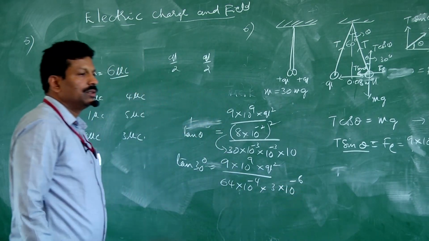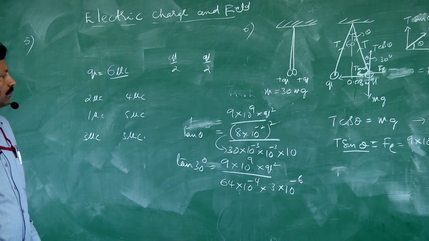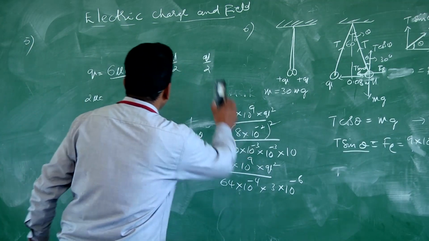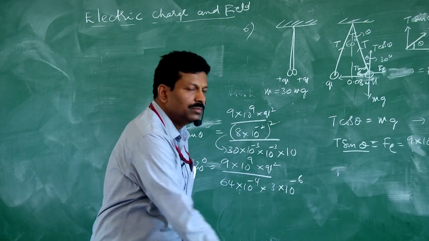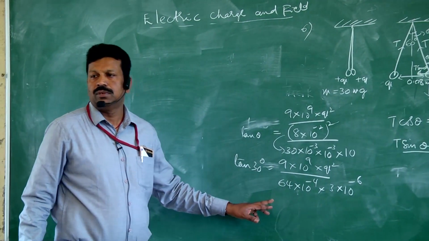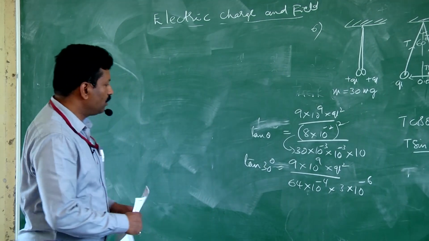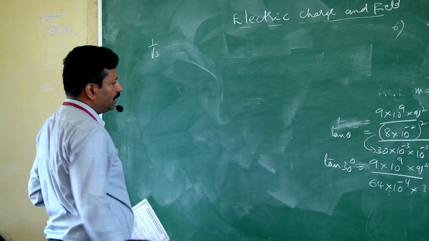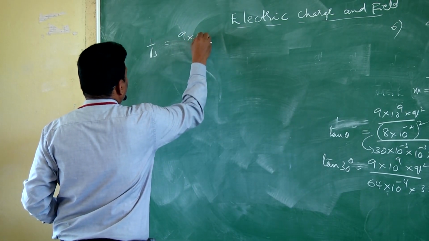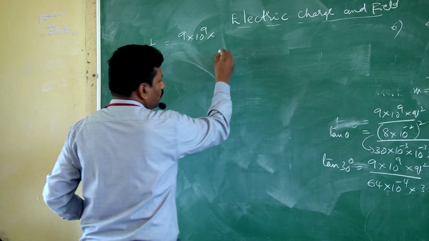Correct? Is that correct? ಅರ್ಥ ಆಯ್ತಾ ಇದು? Understood? Okay. Next one, what is tan 30? 1 by root 3. So this will be 9 into 10 to the power 9 into q squared.